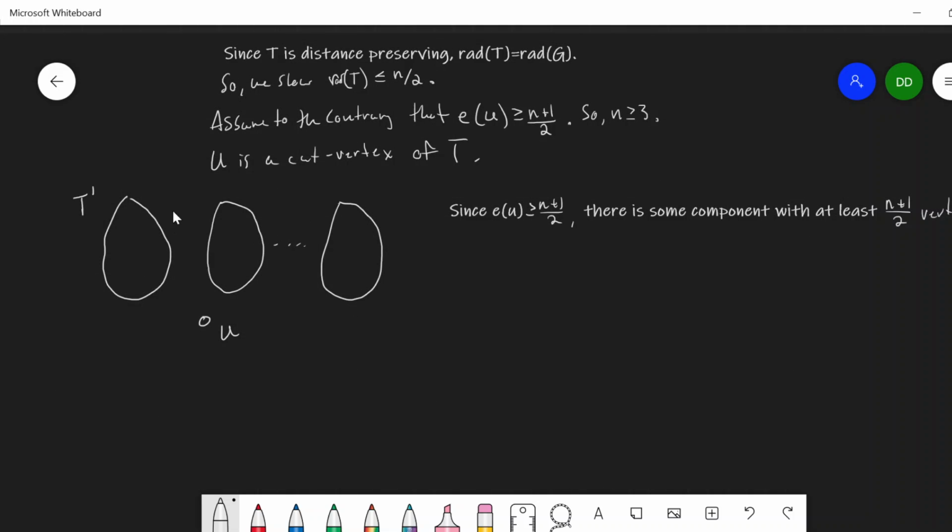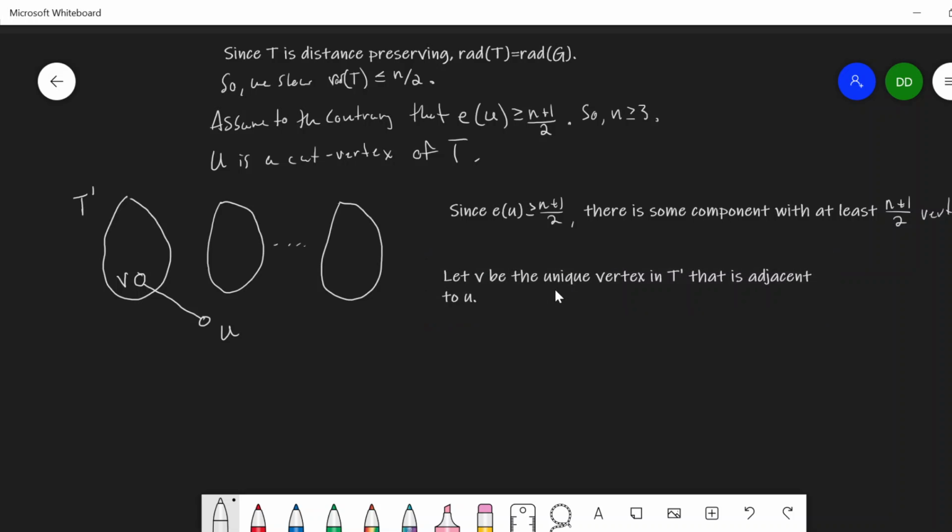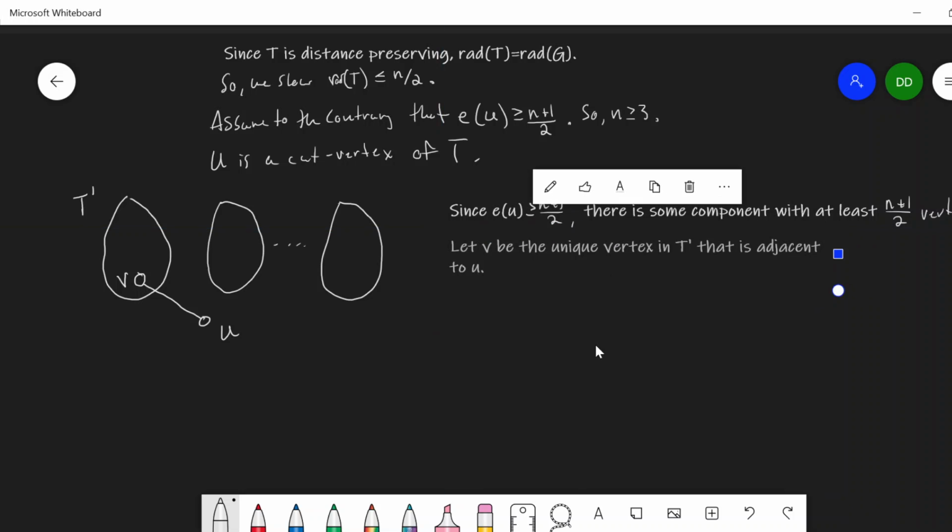So also, since I know this is a tree, I know that U is adjacent to exactly one vertex over here in T prime. I'm going to call this vertex V, and this vertex is going to end up being quite special. So let V be the unique vertex in T prime that is adjacent to U. How do I know there's a unique vertex in T prime that's adjacent to U?